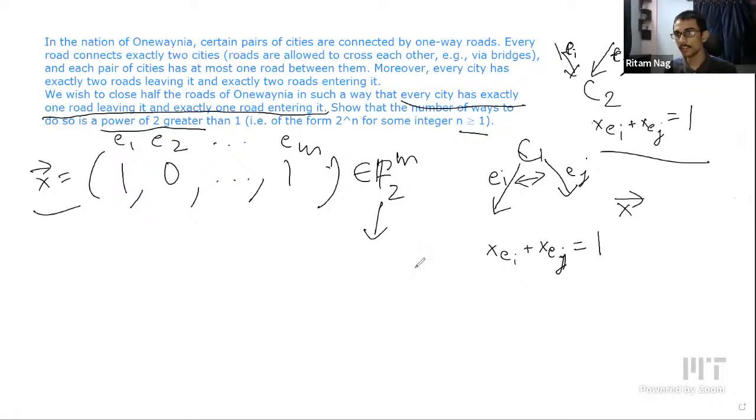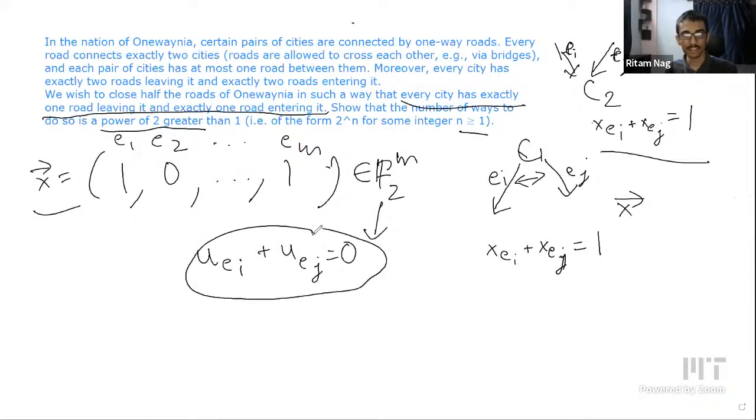When you have a system of linear equations, you have what is called its null space. Consider any solution to u_ei plus u_ej equals 0, where e_i and e_j are two edges incident on the same vertex. This is a set of linear equations, and the solutions to these equations form a subspace.